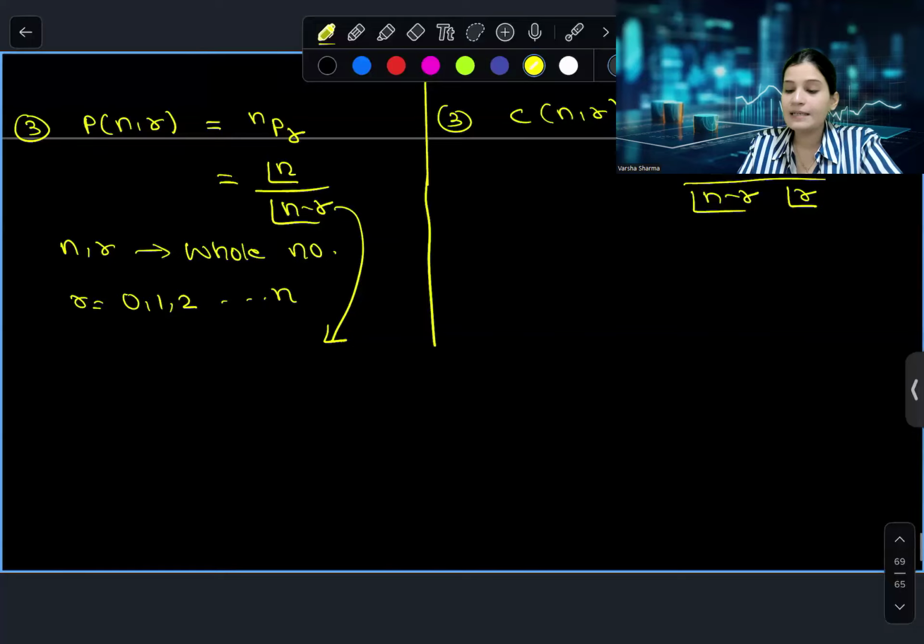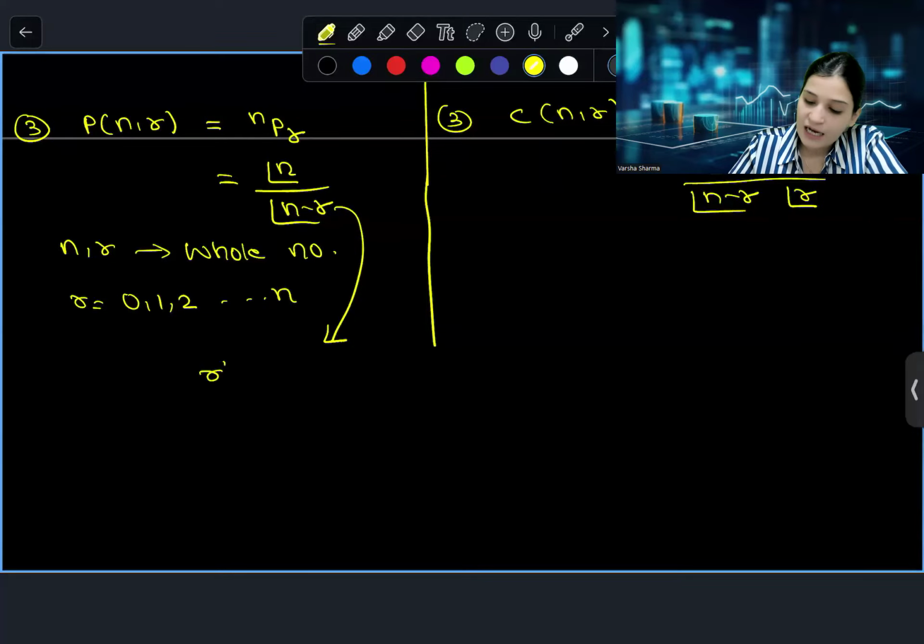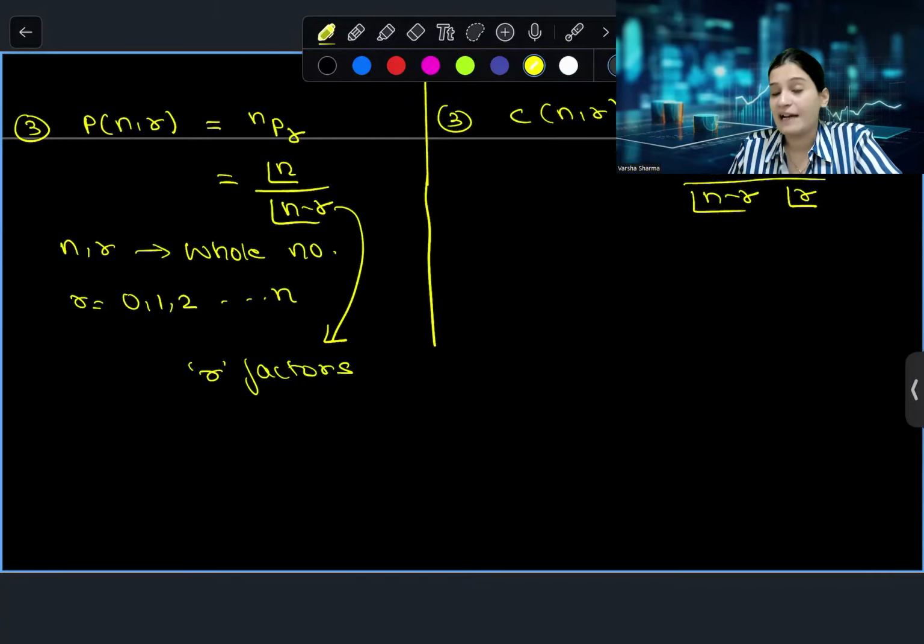So when you open nPr, there will be r factors. If you are opening 10P6, there will be 6 factors. If you are opening 10P2, there will be 2 factors. If you are opening 5P3, there will be 3 factors. If you are doing 5P0, there will not be any factor. If you are doing 5P2, that is 2 factors. Am I understood?